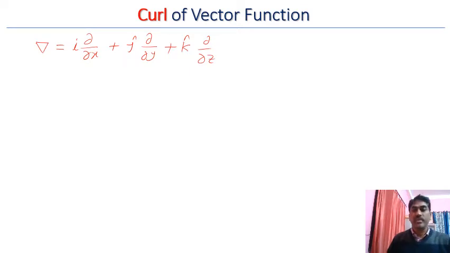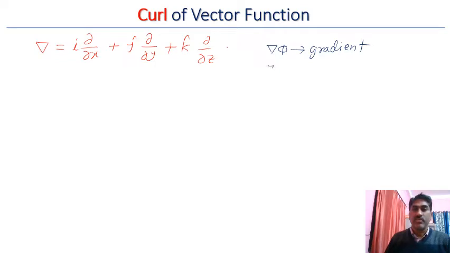And in the last lecture, we studied that if phi is some scalar function, then del phi is called the gradient of phi, and we also learned different characteristics of the gradient of phi and different names.